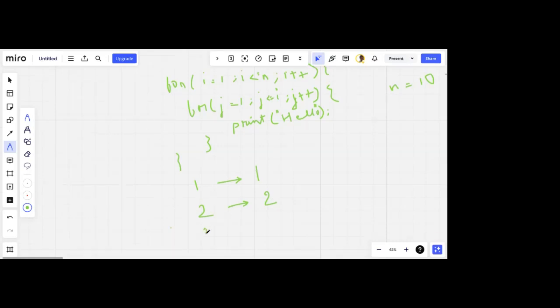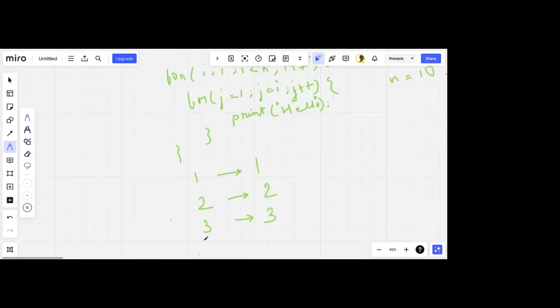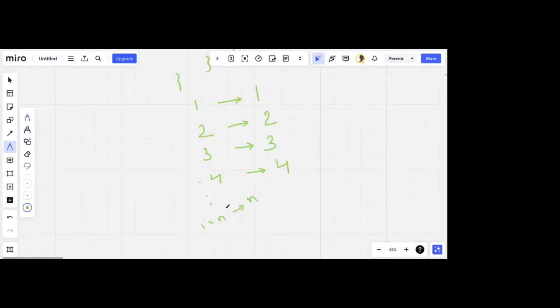When i is equal to 3, how many times will this be printed? 3 times. When i equal to 4, how many times? 4 times. Similarly, when i is equal to n, how many times will it be printed? n times.